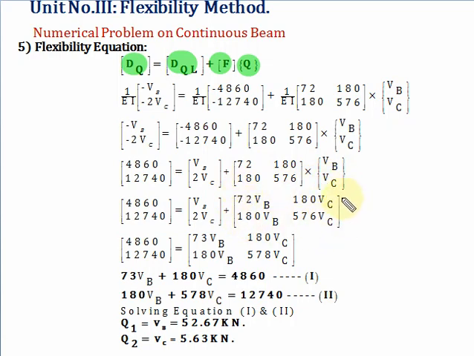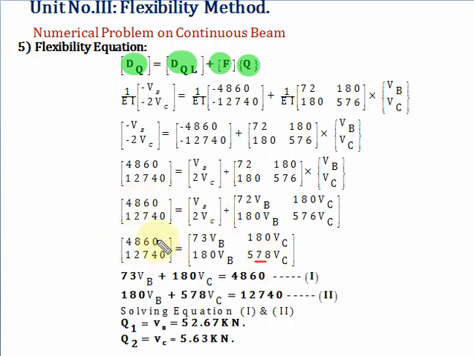Now we have to add these two matrices. VB plus 72 VB will be 73 VB, and 180 VC. Then 180 VB will be as it is, and 576 plus 2 VC becomes 578 VC.